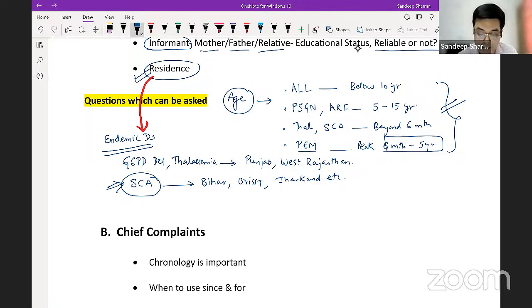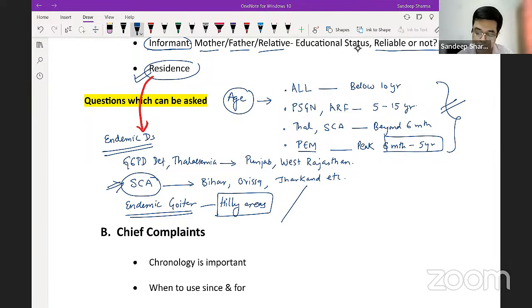Third thing about the endemic diseases is they can ask you about any other endemic disorder. Certain places will have fluorosis, where groundwater is contaminated, so manifestations of fluorosis will be commonly found in those patients. So endemic goiter you will look out for. Endemic goiter will be prevalent in certain hilly areas where the iodine content is less.